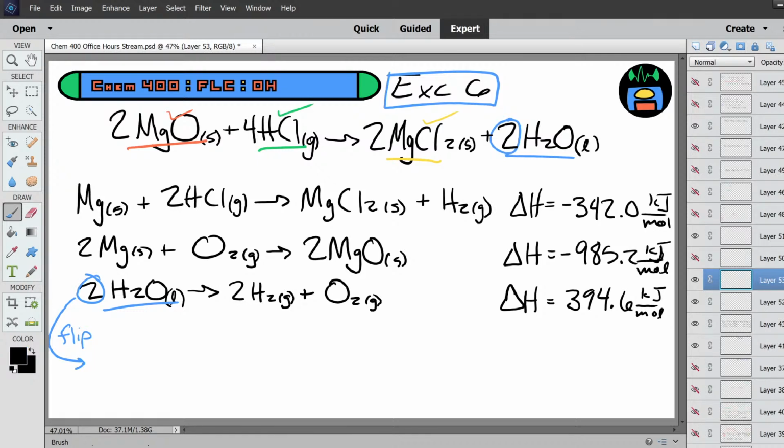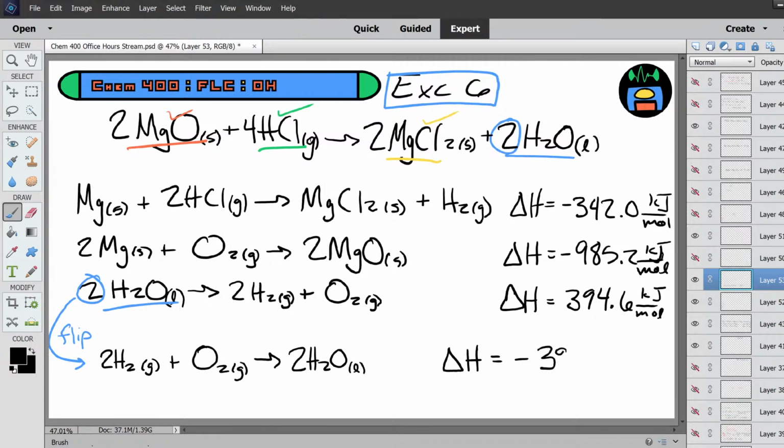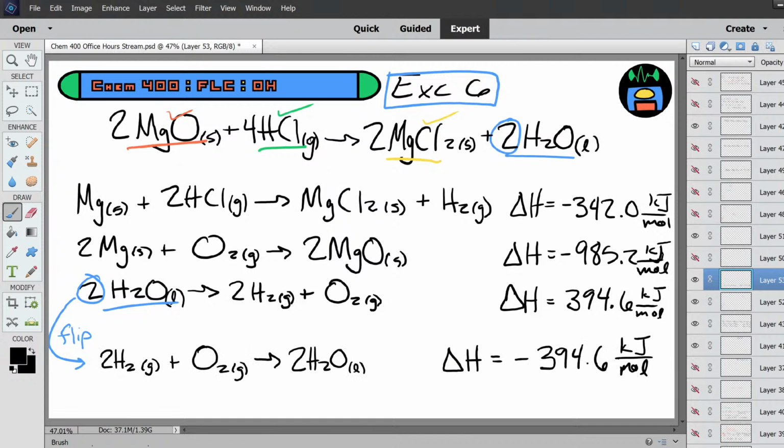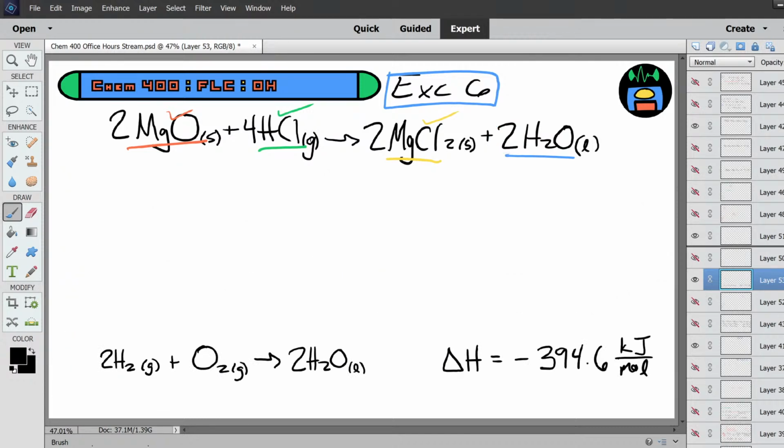When we flip it, we get 2 moles of H2 gas plus 1 mole of O2 gas produces 2 moles of H2O liquid. And here we flip our delta H, multiplying it by -1. All right, and now we have a reaction that is good to go.